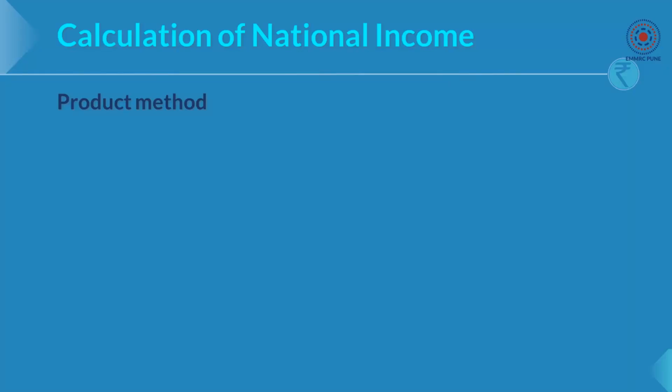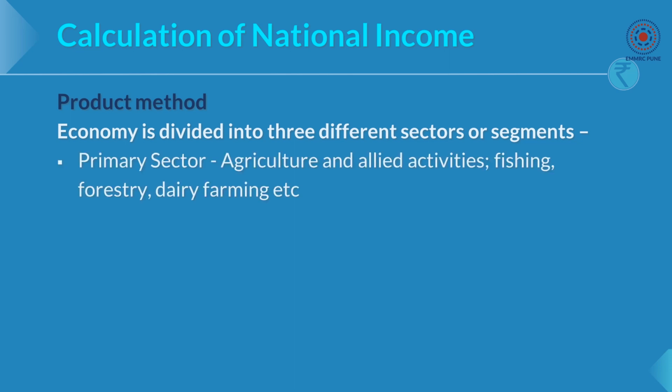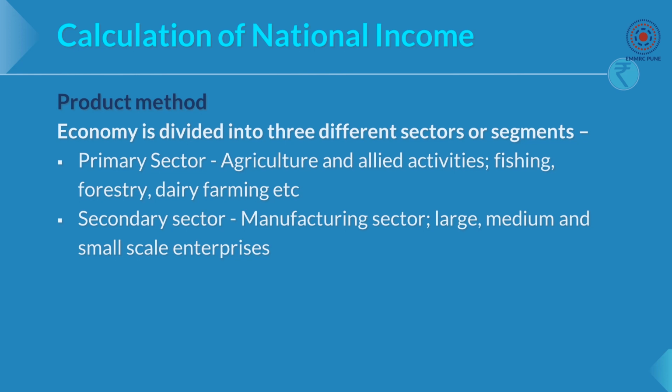The first one is the product method. In this method, an economy is divided into three sectors or segments, namely the primary sector, which includes agriculture and allied activities like fishing, forestry, dairy farming, etc. The secondary sector, also called the manufacturing sector, includes large, medium and small scale enterprises.